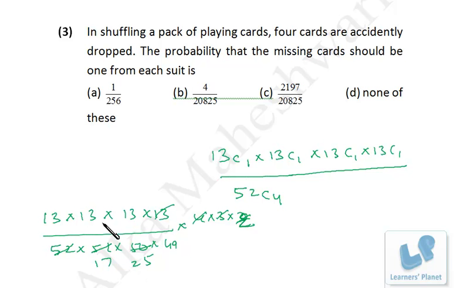The numerator is 13 cube, that's 2197, and the denominator is a multiple of 25, so it suits. Just have an rough idea of the calculation. In most of the exams, final calculation is not asked, but sometimes even if it is asked, you need to calculate that, right? So 2197 by 20825 will be the correct choice, right?